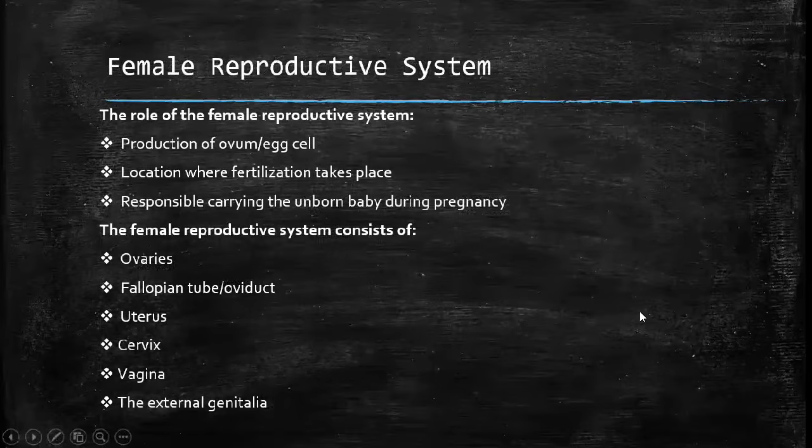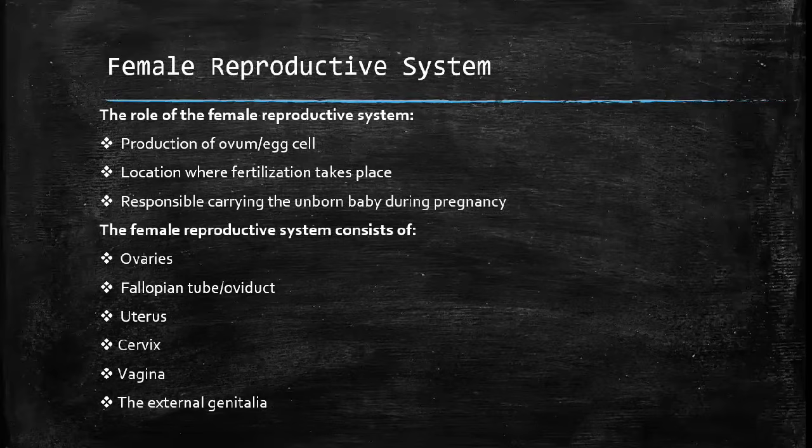Now, moving forward, looking at the female reproductive system, we're going to look at its role and what it consists of. Why do we need it? Why is it important? What functions does it do? So the role of the female reproductive system is to produce an ovum through a process called oogenesis, which I'm going to explain next time, not today.